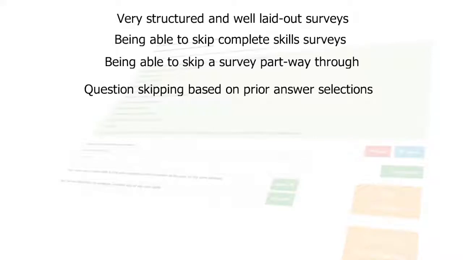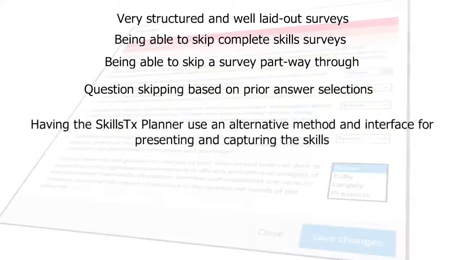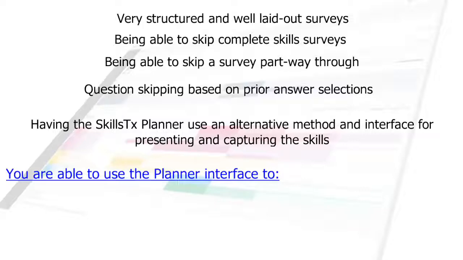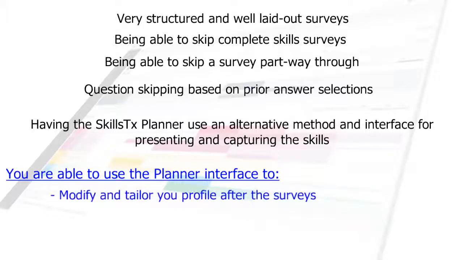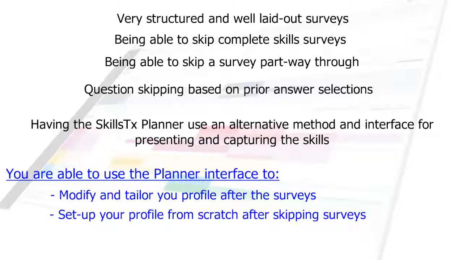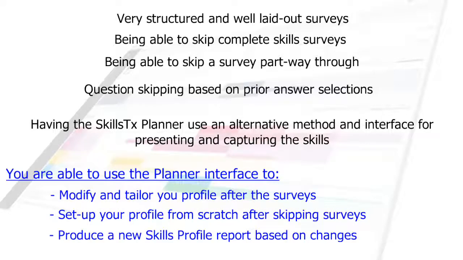Question skipping based on prior answer selection, and having the SkillsTx planner use an alternative method and interface for presenting and capturing skills. You are able to use the planner interface to modify and tailor your profile after the surveys, set up your profile from scratch after skipping surveys, producing a new skills profile report based on changes.